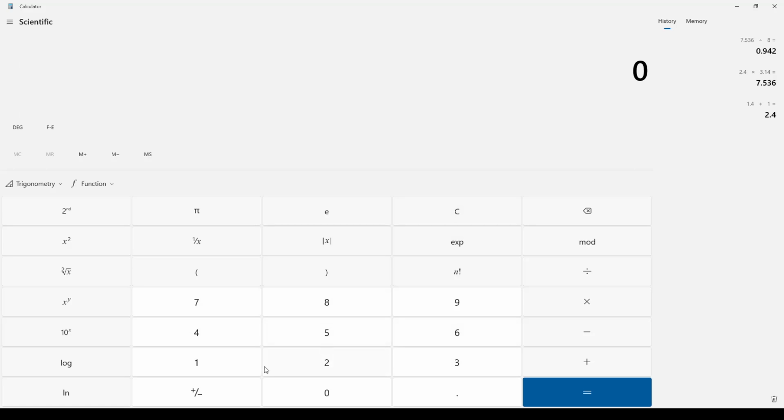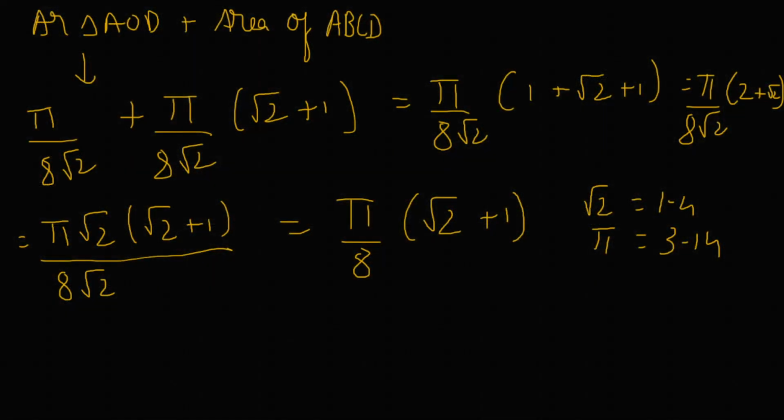So root 2 is 1.4, root 2 plus 1 is 2.4, into pi by 8, where pi is 3.14, divided by 8. So we are left with 0.942. So this area is approximately 0.942 square units.